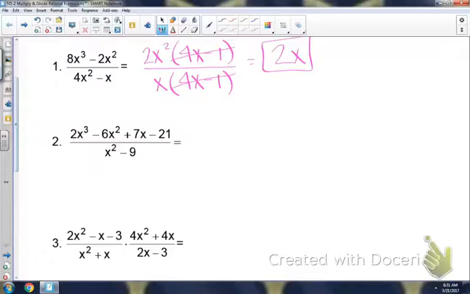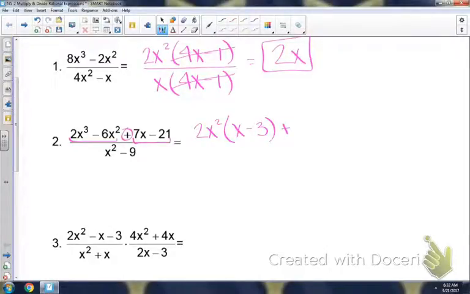Okay, looking at number 2, notice on the top, they don't have a GCF. You have 4 terms, so we're going to do what we learned yesterday, grouping. We're going to group the first 2 together and find the GCF. That would be 2x squared. You're left with x minus 3. Bring over that plus, that middle sign.